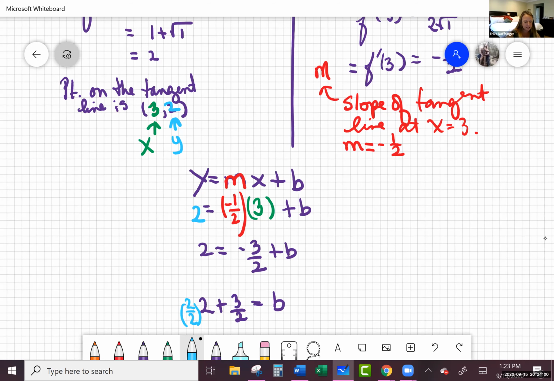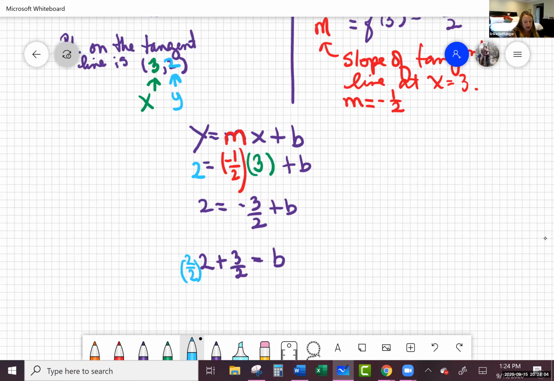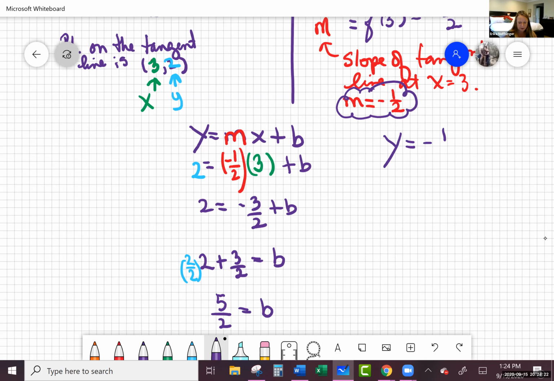So I really have 4/2 plus 3/2, which is 5/2, is equal to b. Okay, so y is equal to our slope, which was -1/2 times x plus b. And we just found that our b value is 5/2.